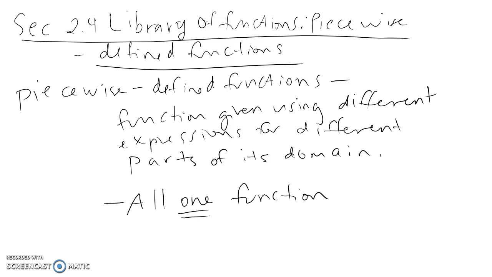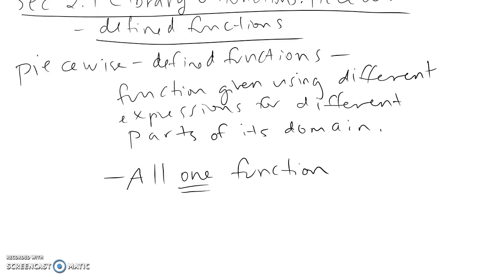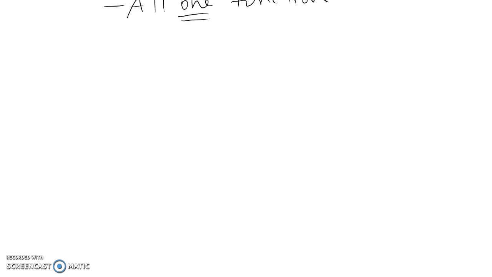To talk about this topic, I want to talk about a real-world situation and why we would ever need something like a piecewise function. All right. So I'm going to use something kind of familiar to us.